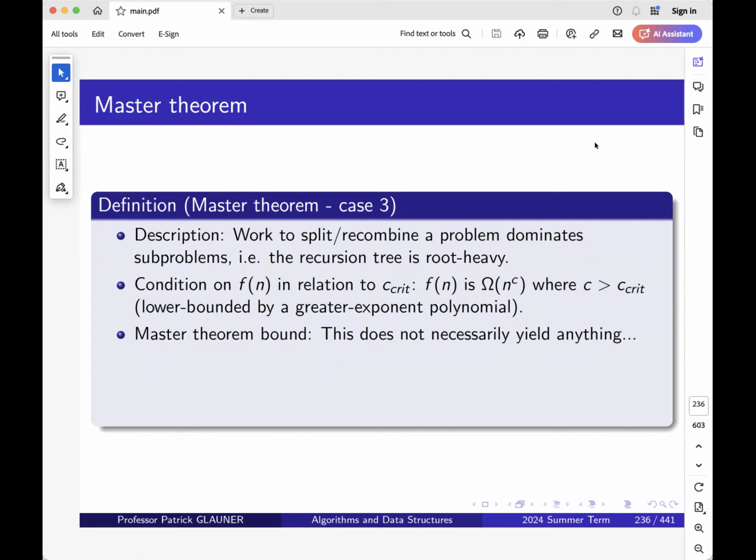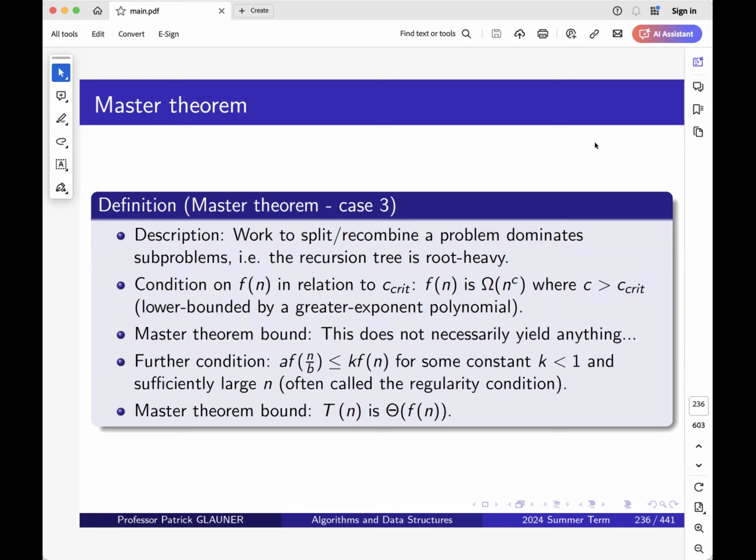However, if you look into the definition of the master theorem, that condition alone doesn't yield much information. We actually need another condition for this to work. This condition needs to be true, where we say a times f of n divided by b must be less than or equal to k times f of n. This time we have a constant k, and the constant k must be less than 1.